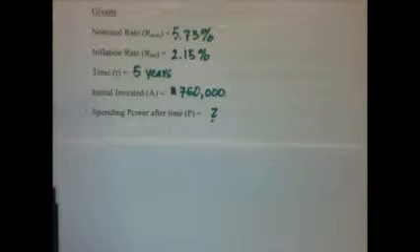To start off with this problem, it's important to understand which interest rates you need to be using. The process is going to be to convert our nominal interest rate into a real interest rate. Now this requires two different steps to get there. The first step is we have to convert the nominal interest rate into an effective interest rate.